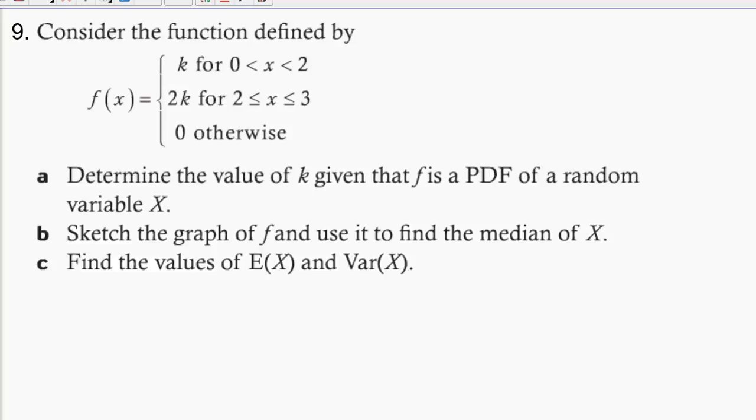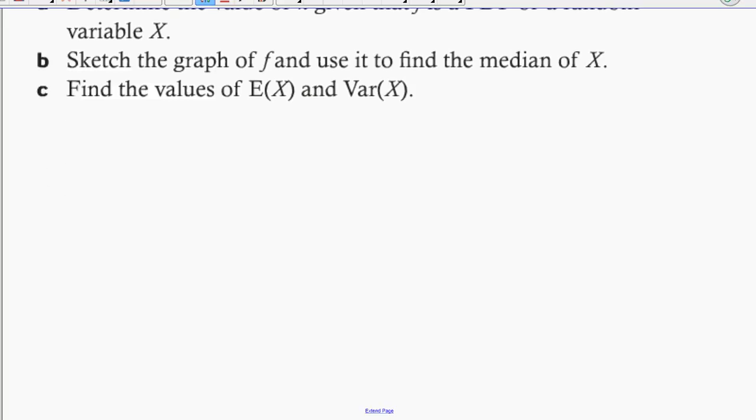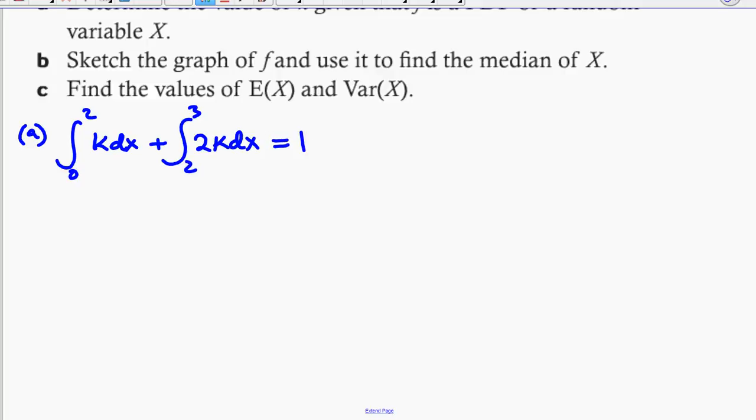So assuming this is a non-calculator paper, let's try and work it out. So A, the area under the curve will be equal to 1. So the integral of k dx from 0 to 2, plus the integral from 2 to 3 of 2k dx, is equal to 1.